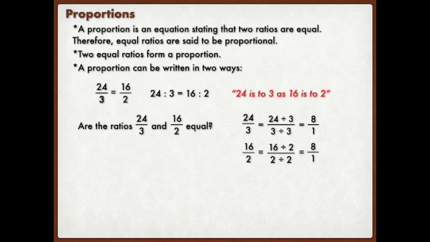Okay, let's test this out. Are the two ratios equal? We have 24 over 3 and 16 over 2. Well, what I can do is find a greatest common factor.